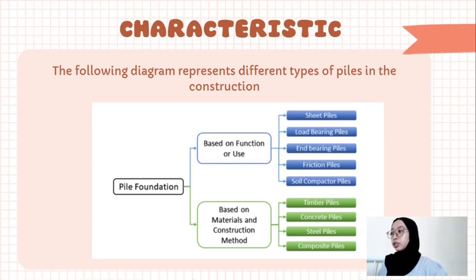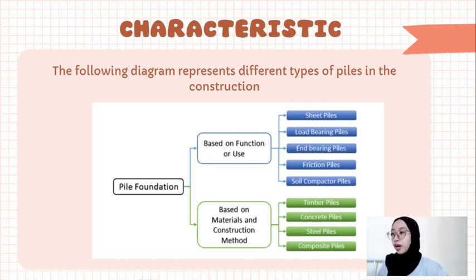Next, the characteristics of the pile foundation. The following diagram represents the different types of piles in construction. So basically, pile foundation can be divided into two, which is based on the function or use and based on the material and construction method. First, we look at based on the function or use.